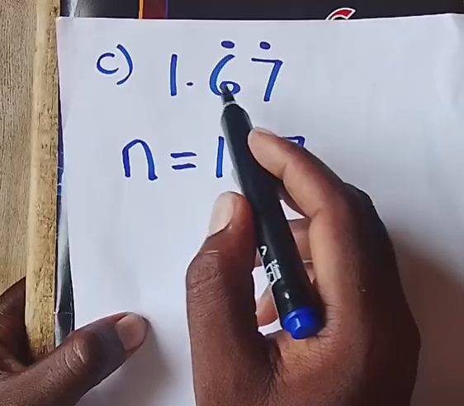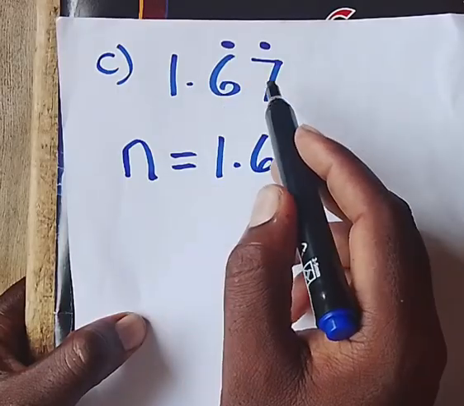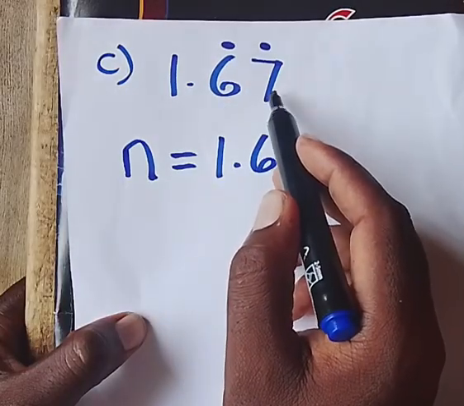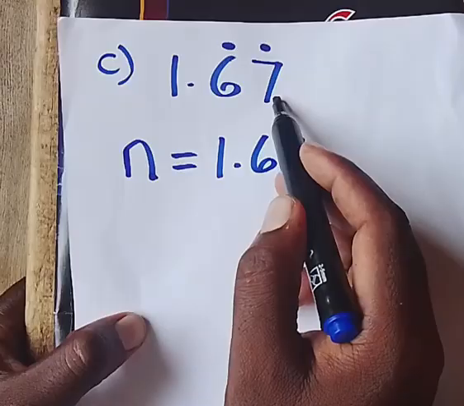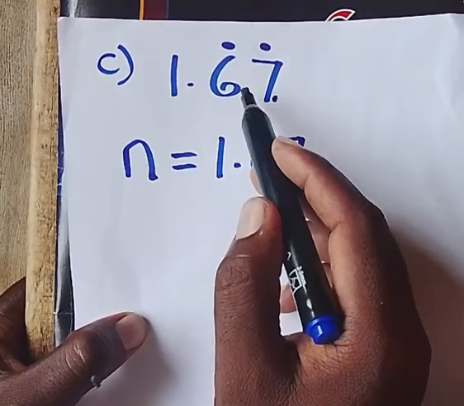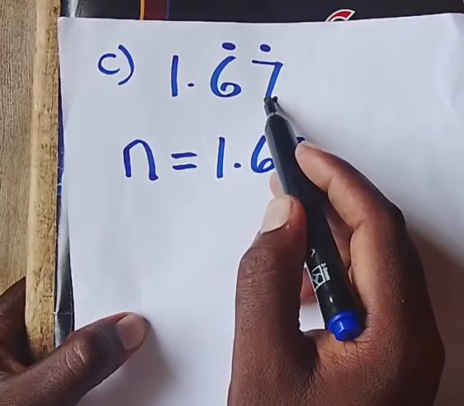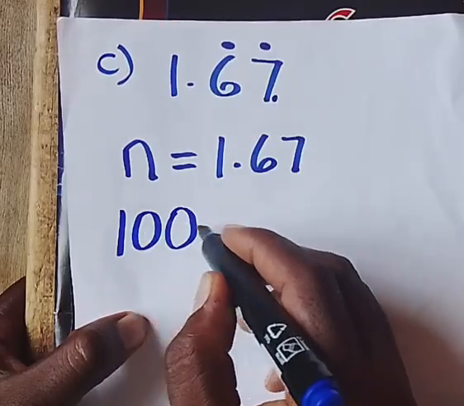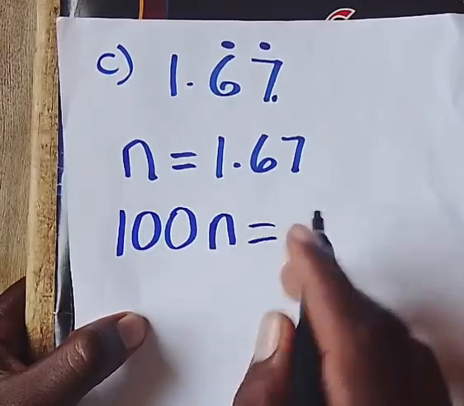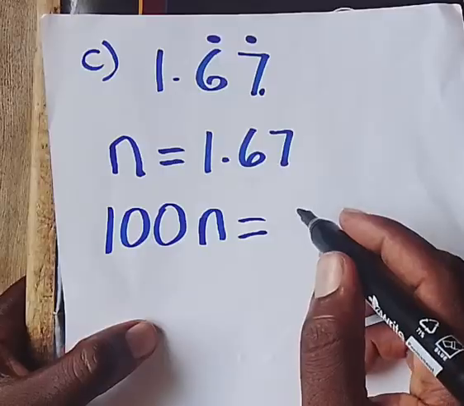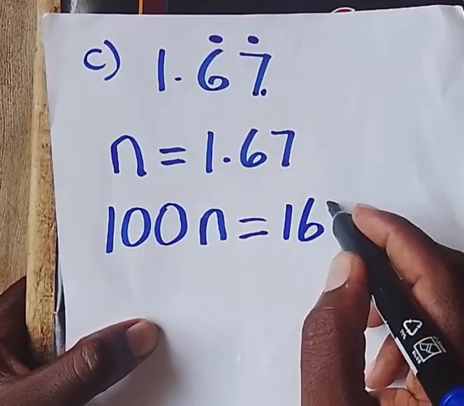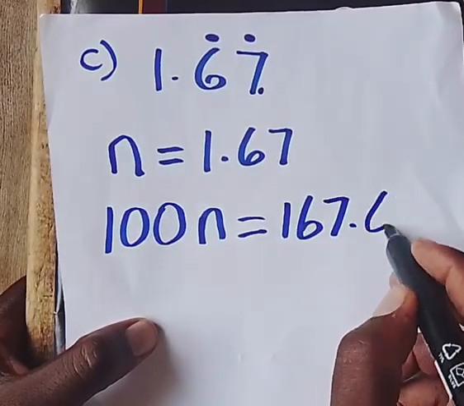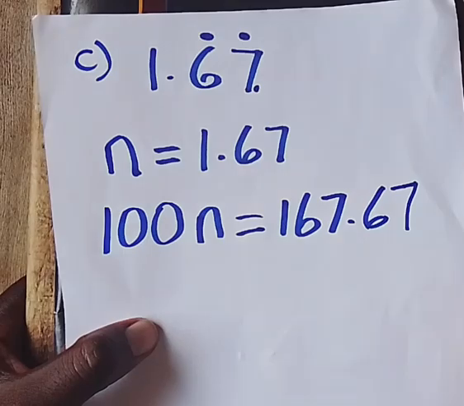Then now we want to put the second step, we want to put it here. So from here to here, we will have jumped how many digits? 1, 2. So those are two zeros and two zeros means 100n. So 100n will be the same as 167.67.